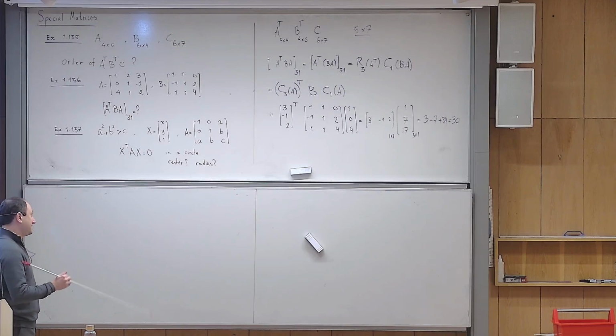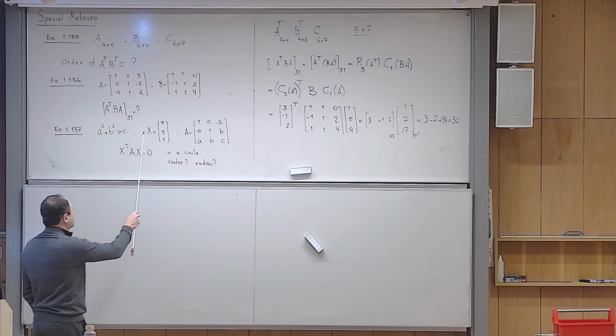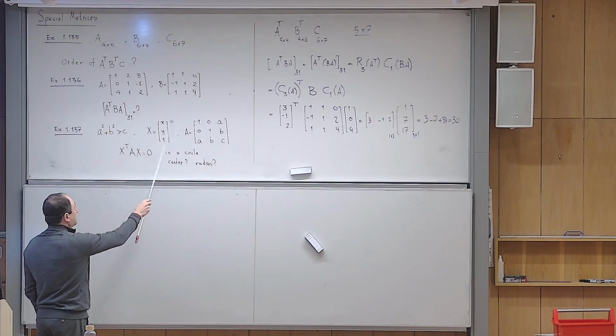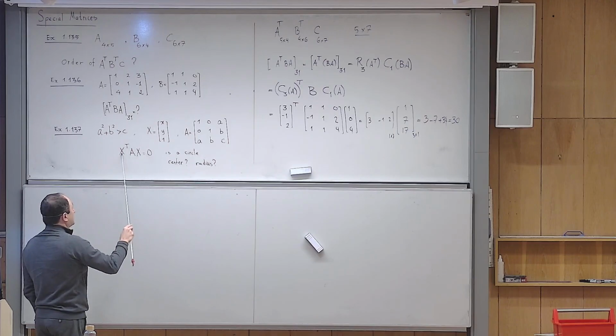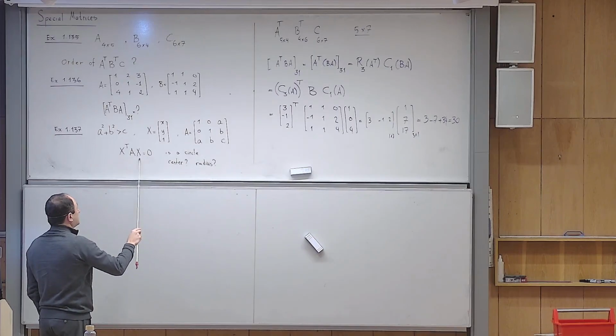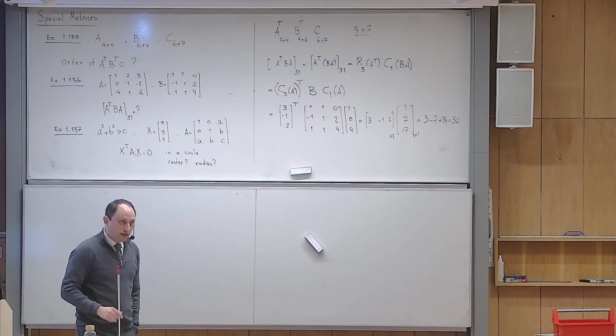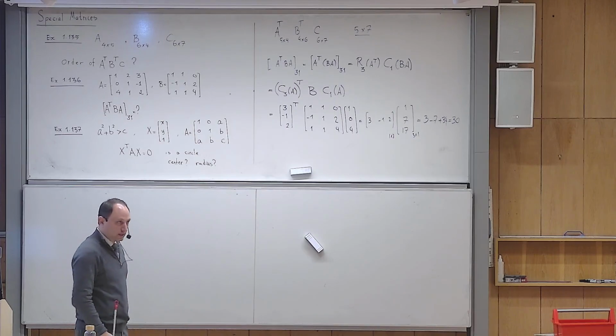Yeah, of course, that is one way. But why is this the case? Because X is 3 by 1, so X transpose is 1 by 3. This is 3 by 3, this is 3 by 1. So if you calculate the order of this particular matrix, it is 1 by 1. So it is actually a number. Yes, it is a number.